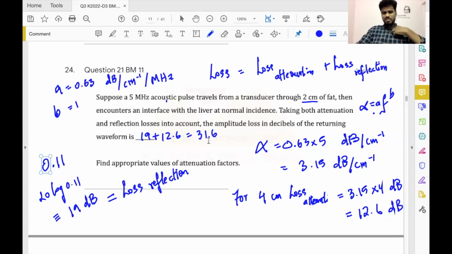Sometimes we have to be careful about the sign of the losses. They always express it with a minus sign. There is a convention here: a decrease is expressed in terms of loss as minus 31.6. So we lost this much of the amplitude in decibels, and loss is usually expressed as a negative number. So the answer you should enter is minus 31.6 decibels.